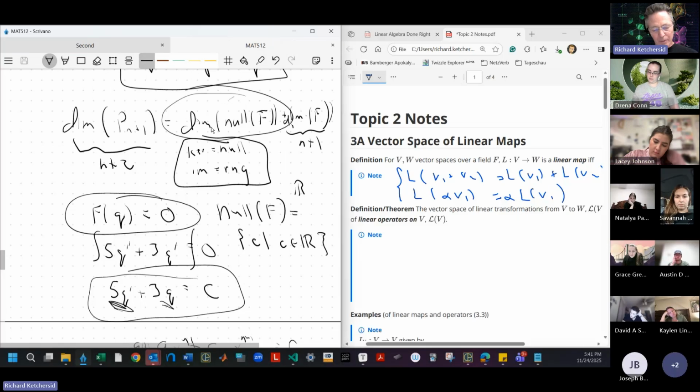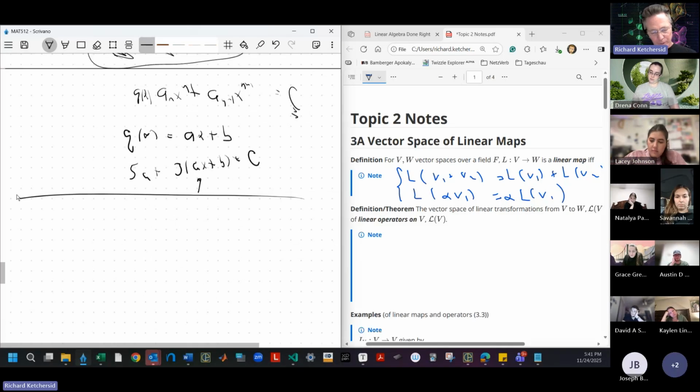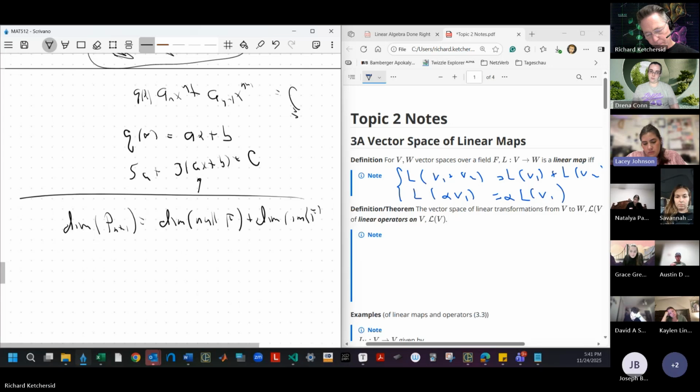So we have what we want, because this is 1. So again, just rewriting this, we have the dimension of Pn plus 1 is equal to the dimension of the null space of F plus the dimension of the image of F. We just showed the dimension of this is 1.